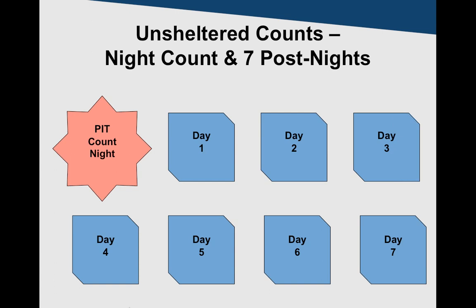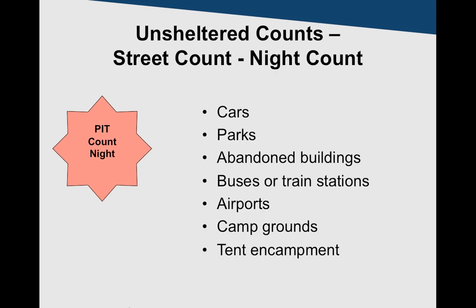Continuums of care should complete their unsheltered count on the night designated for the count, or what they call the night of the count approach. The CoC can also take the 7 days following the night of the count, or post-night, to complete service-based counts asking where the person stayed on the night chosen for the point-in-time count.